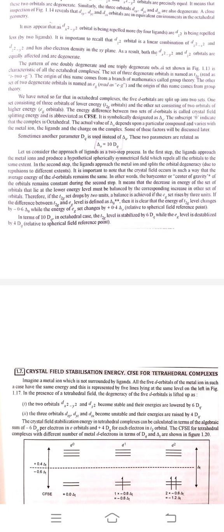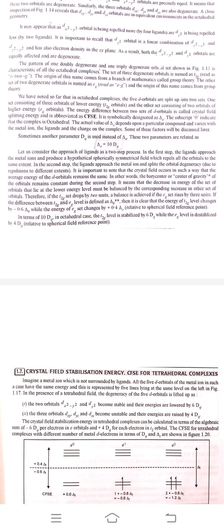In the second step, the ligands split the orbital degeneracy due to repulsion to different extents. It's important to note that the crystal field splitting occurs in such a way that the average energy of d orbitals remains the same. In other words, the center of gravity of the orbitals remains constant during the second step.